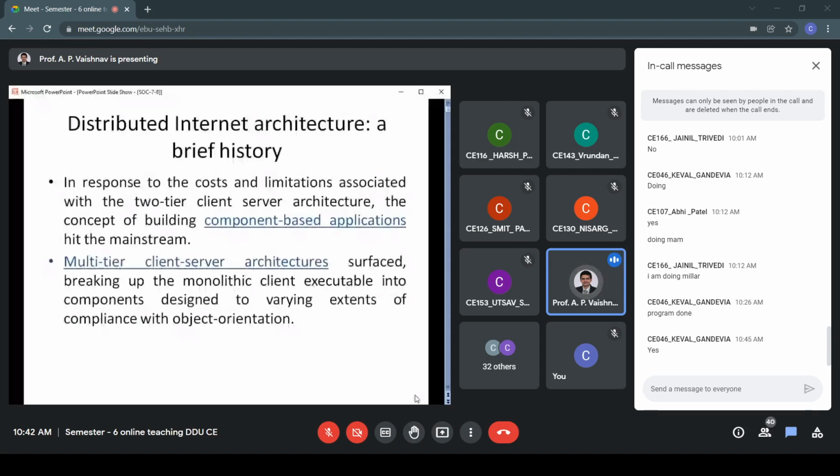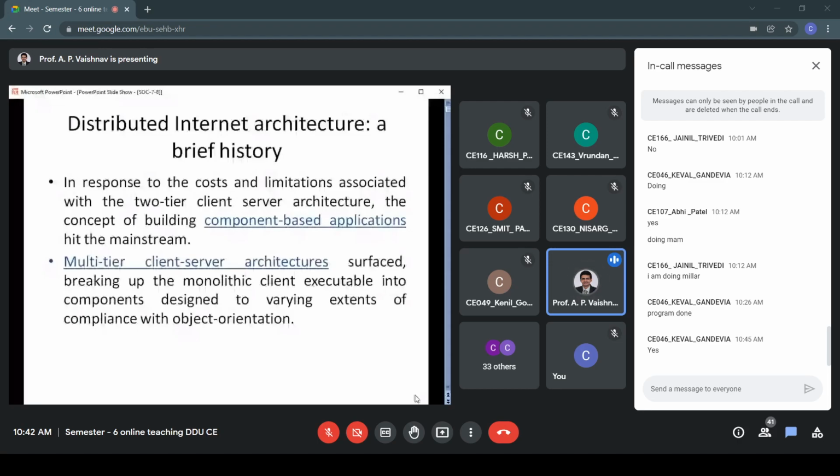So we have seen different versions of client server last time. The first version was two-tier client server, and then we had also seen the single-tier client server. But in the next variant, the designers came up with something called multi-tier client server, right? Where the middle tier actually was designed.